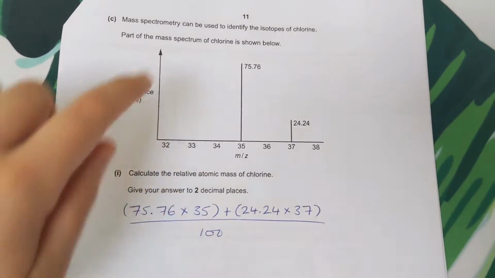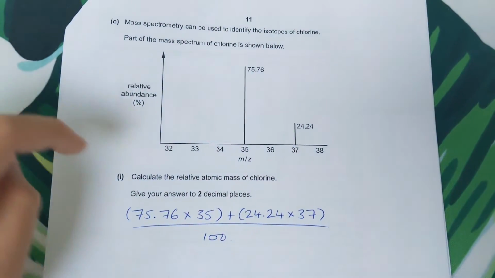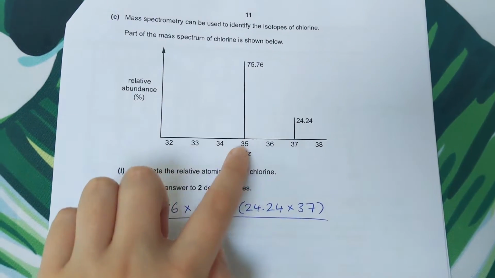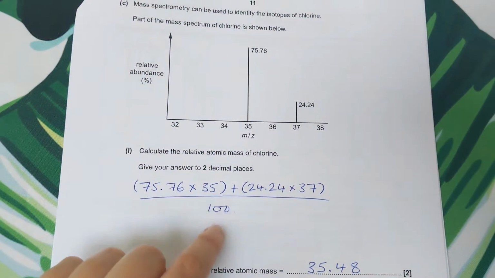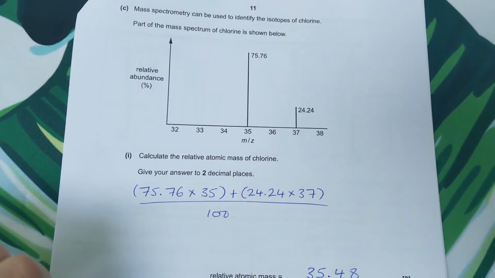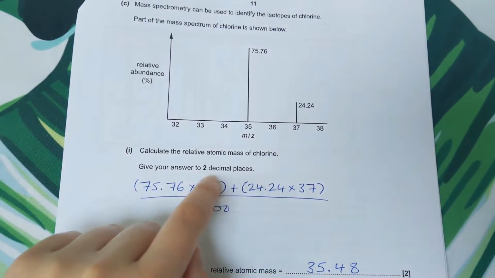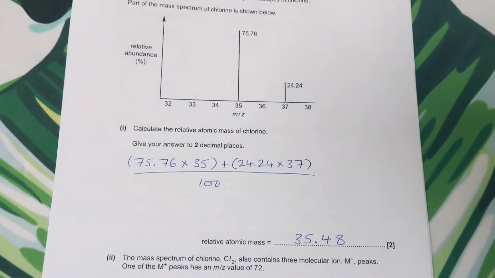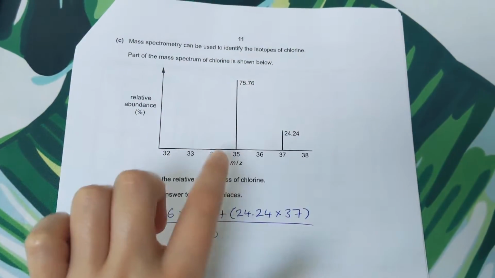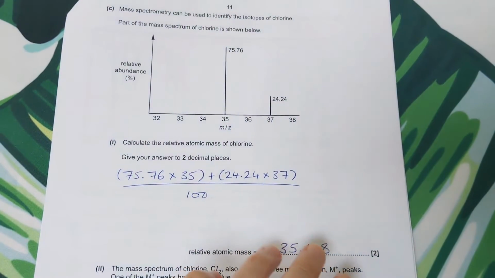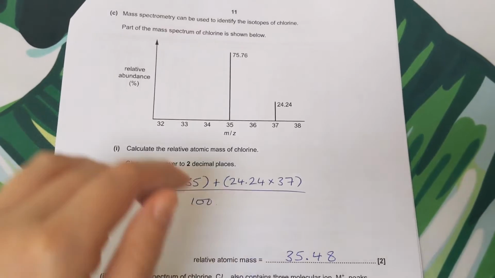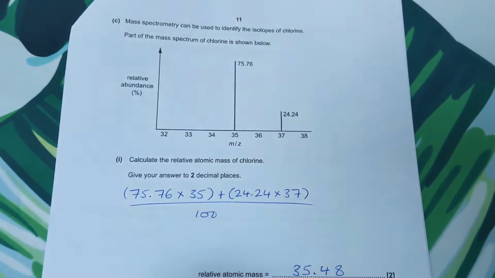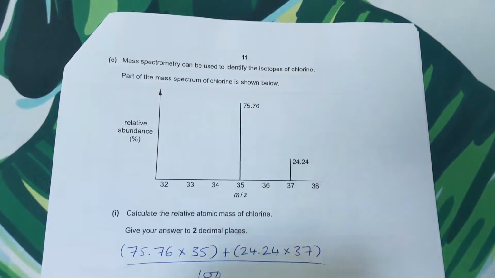And all we do is multiply the relative abundance by the mass number, the mass to charge ratio, add them together and divide by 100 because it's a percentage. And it wants the answer to 2 decimal places. And we should get a number in between these two. And we get 35.48, which makes sense because it should be closer to the mass number of the isotope with the higher relative abundance.